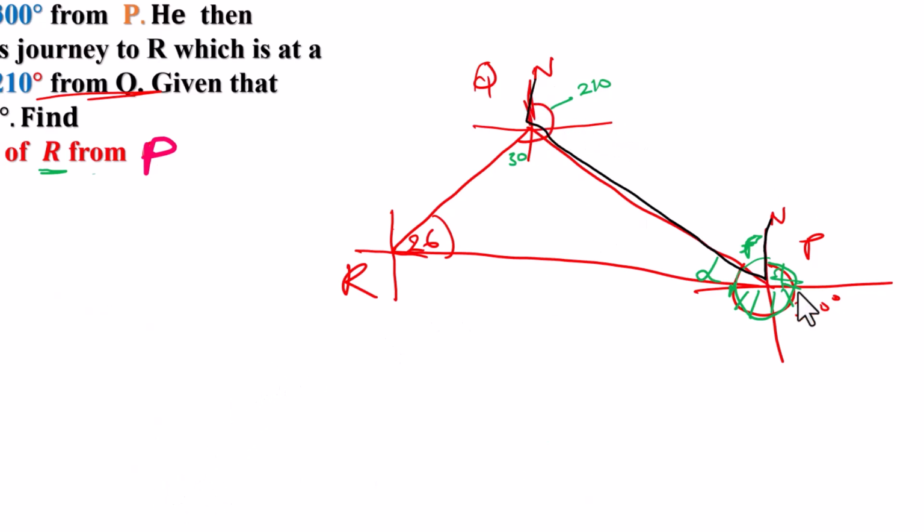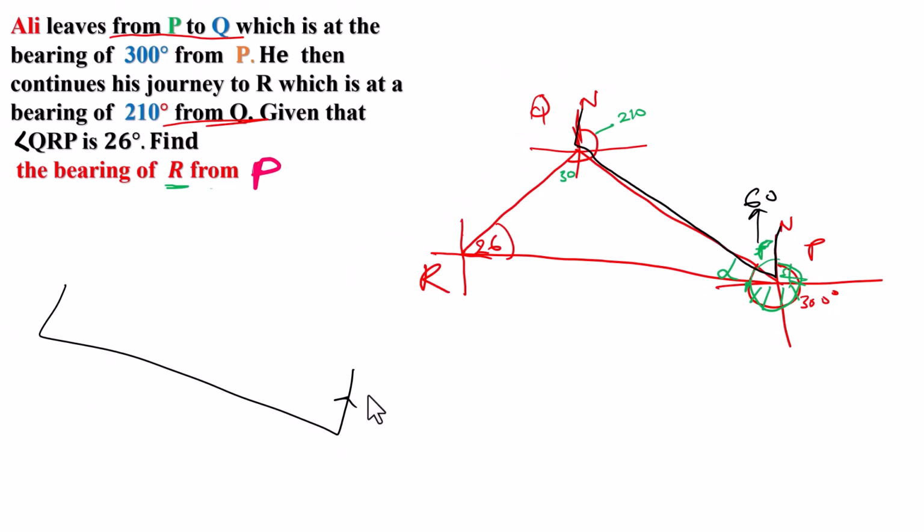But from here to this side is 300, and this one is angle at a point, so it's 360 with 60. We have north, we have 60 here, so this side will be 120.